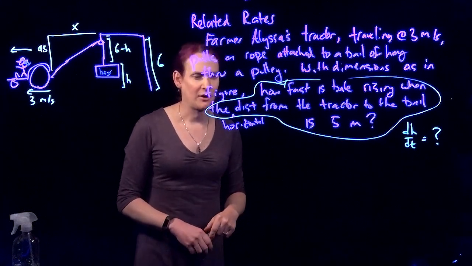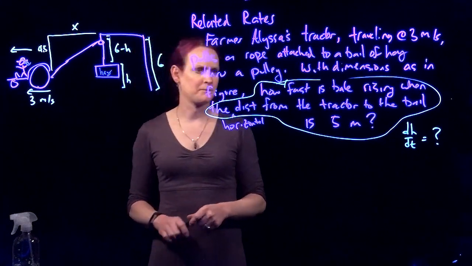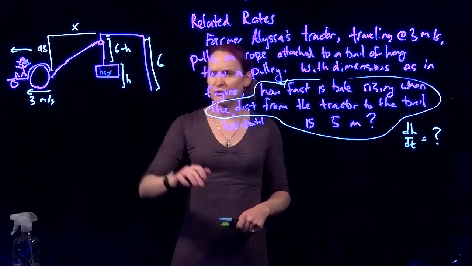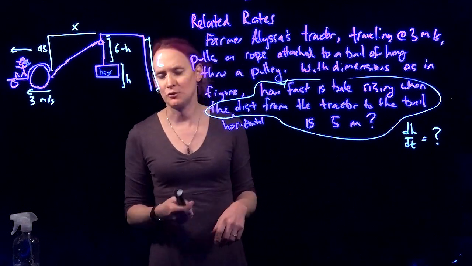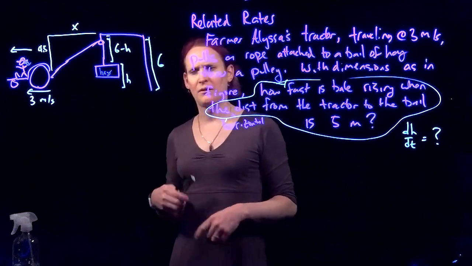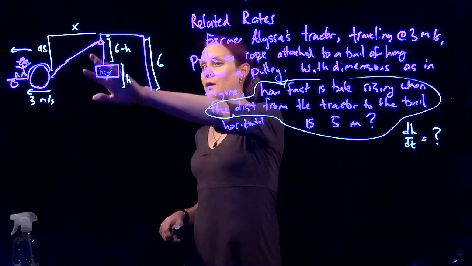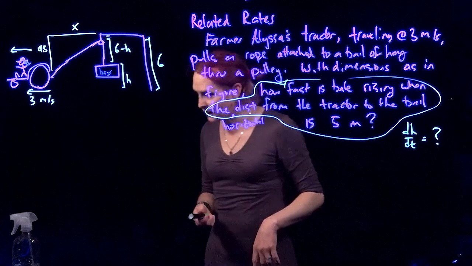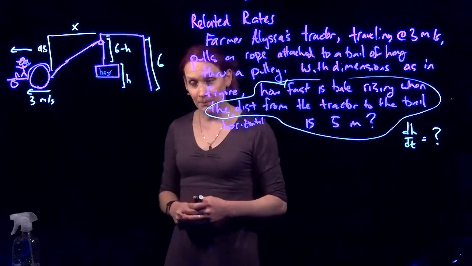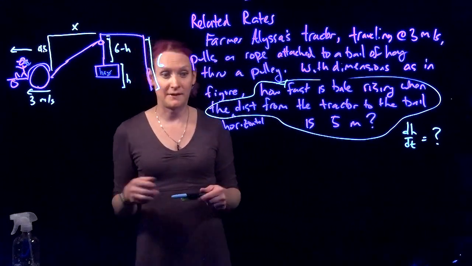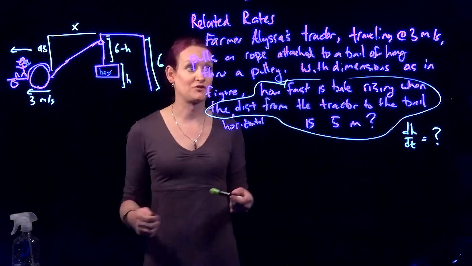In order to get there, we're going to have to write down an equation that relates these rates of change. And we always start in these problems by relating the static quantities and then taking the time derivative using implicit differentiation to get the equation that relates the rates of change.